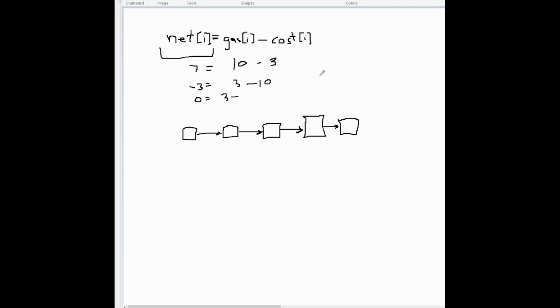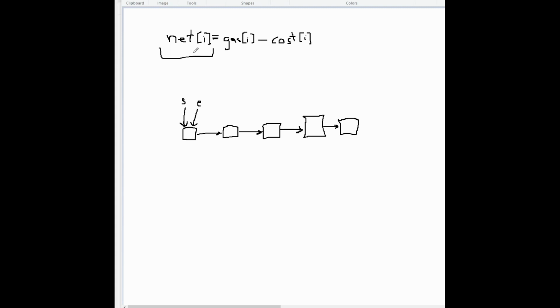So, let's get rid of that and say that now that we've created this net array, we have certain values in each position. Now we do this. We create 2 pointers, one called start and one called end.